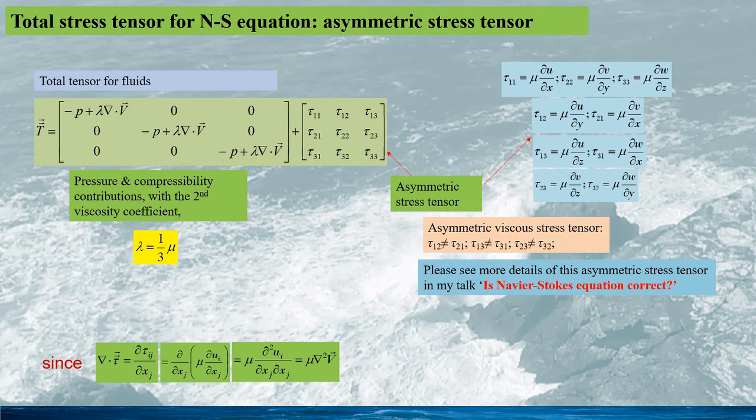It is as this. So we can obtain the divergence of the total stress tensor given in this form. This is a very useful equation. We will use this in both derivation methods.